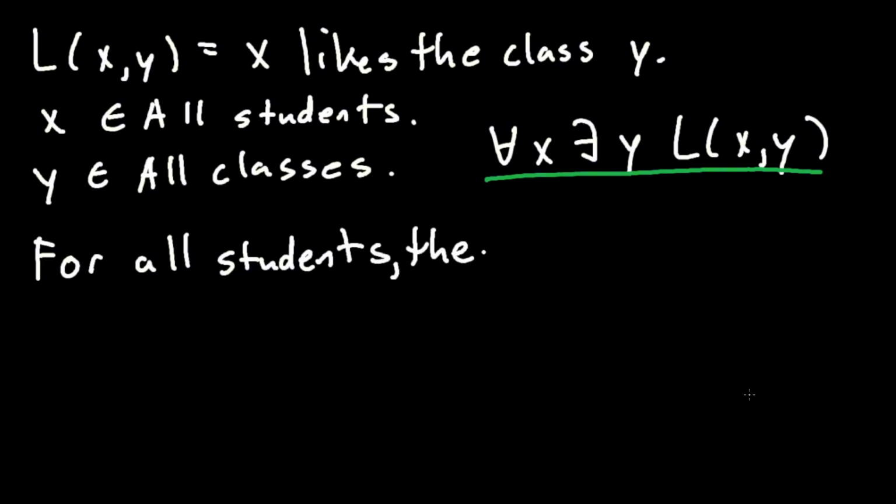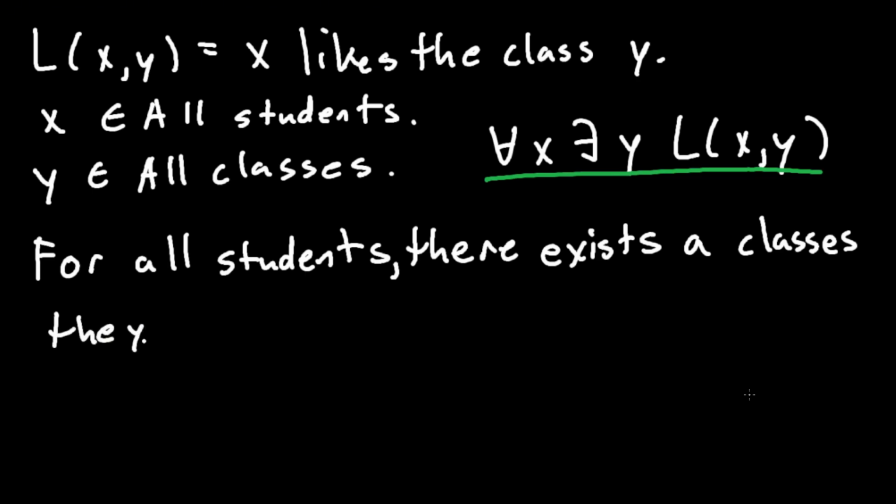There exists a quantifier in front of y, a class they like. Or you can write down for all students there exists at least one class that they like, right? That's another way to interpret the sentence.